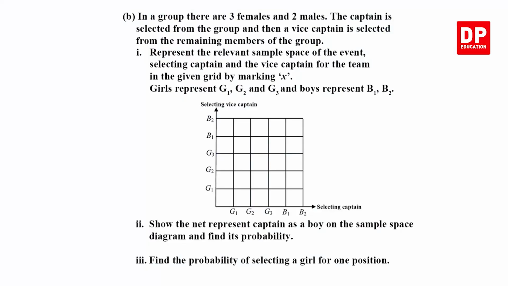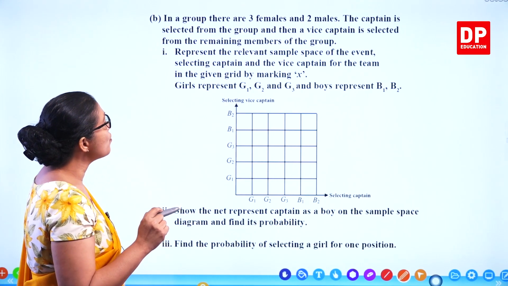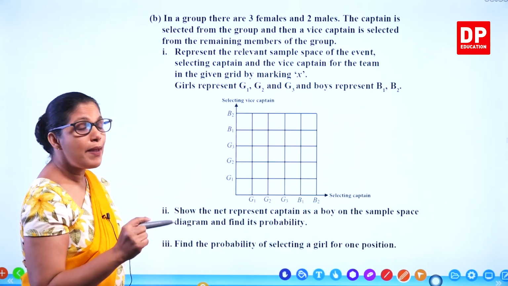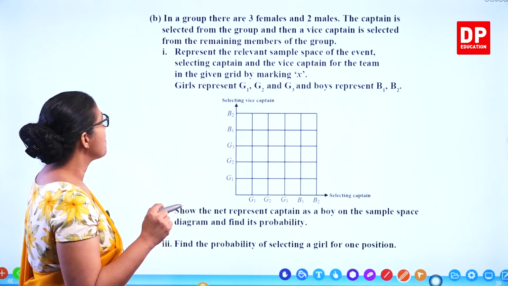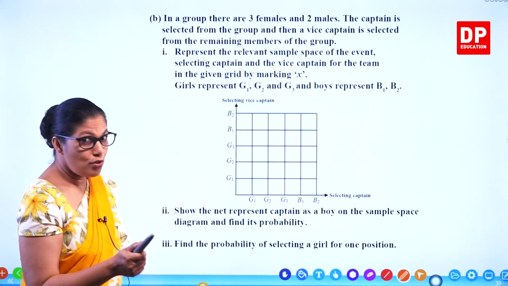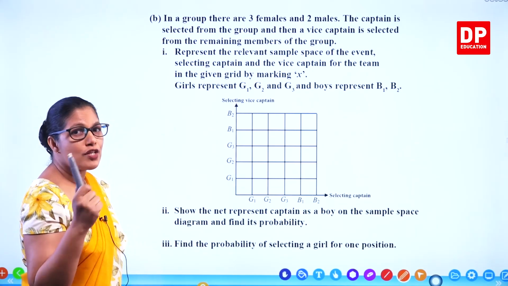Part B, in a group, there are 3 females and 2 males. The captain is selected from the group and then a vice captain is selected from the remaining members of the group. So that means if you become a captain, you can't take the other position as well.